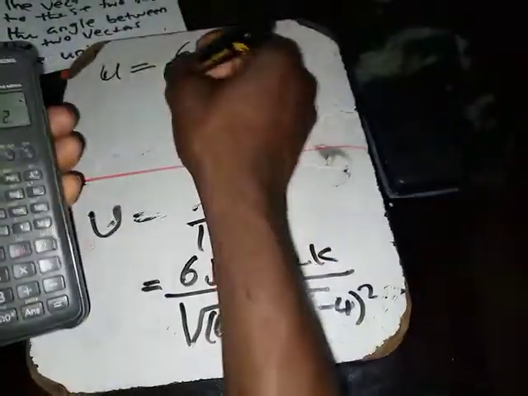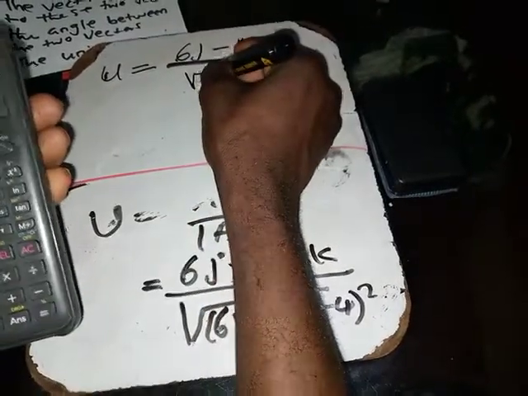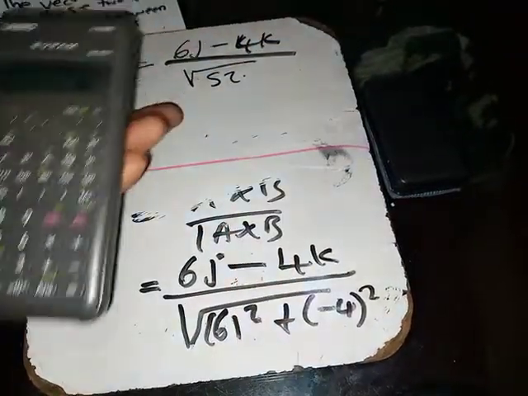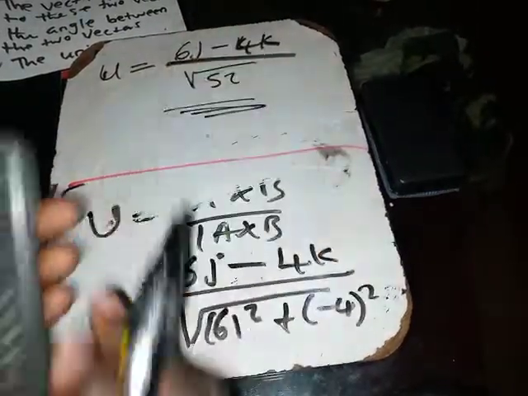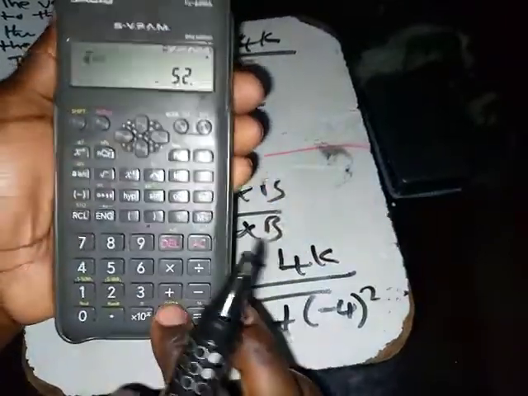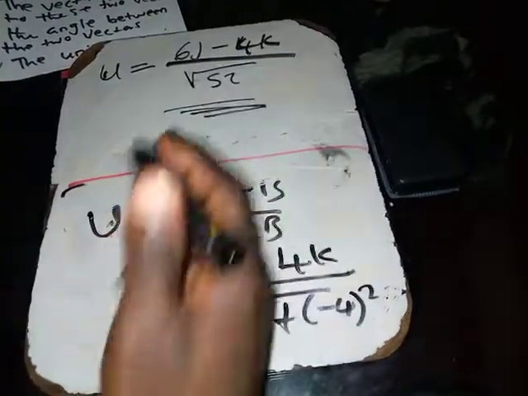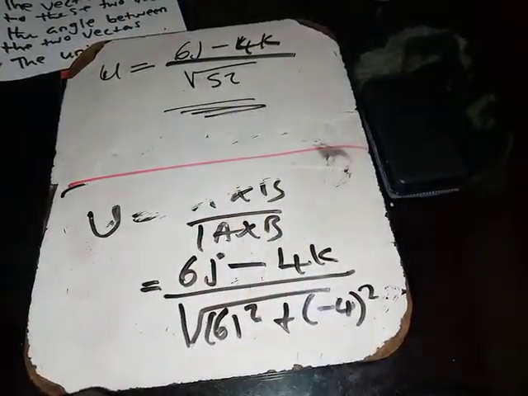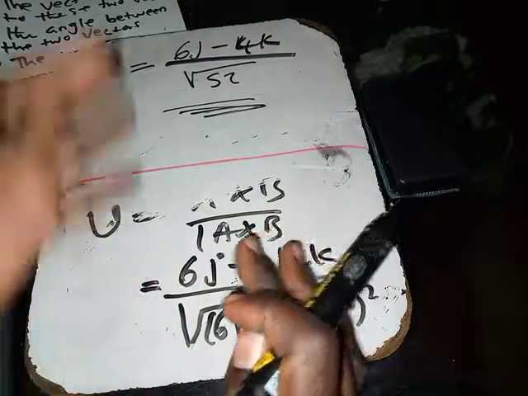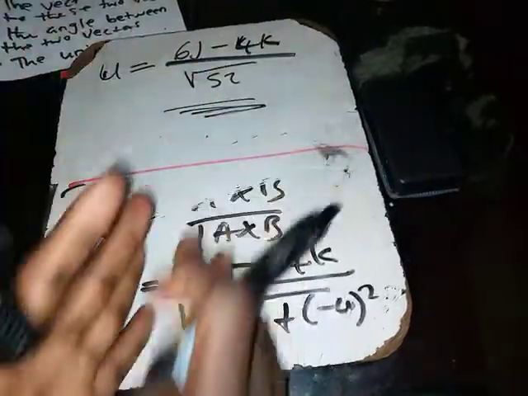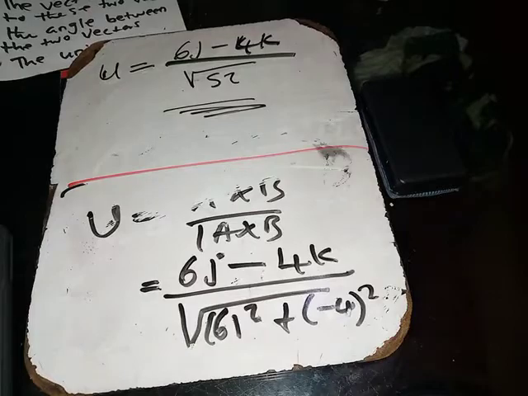So 52, you don't leave points and the likes. You can just write it like this, the square root of 52. Then this is your final answer. Don't worry about the square root, you find 7 point something. You can even leave it like this just to make it clear. So that's the unit vector.